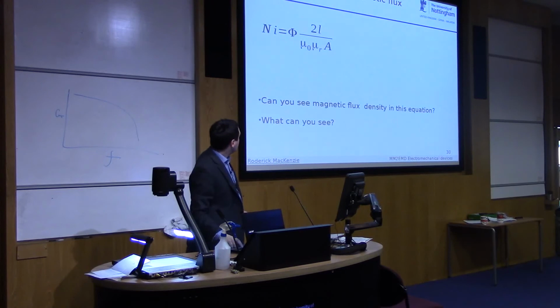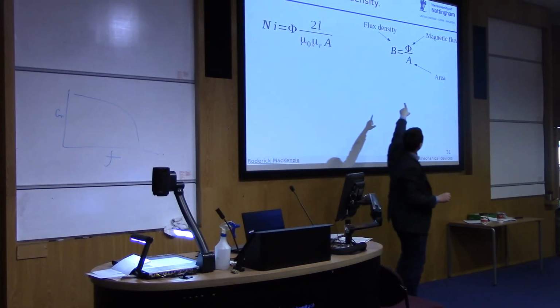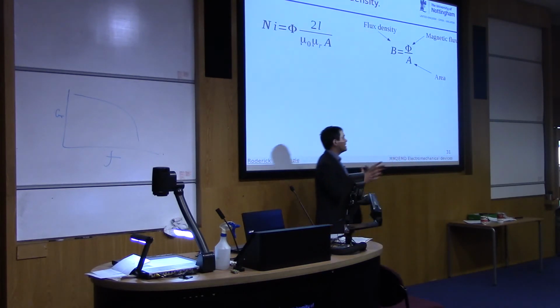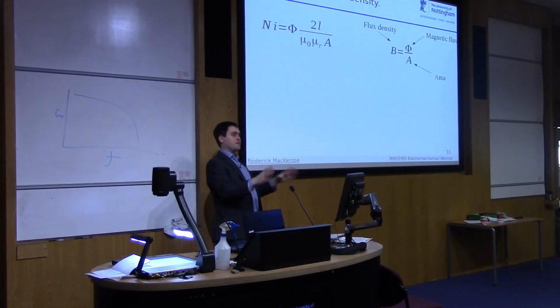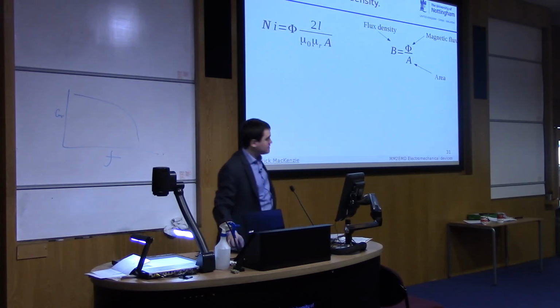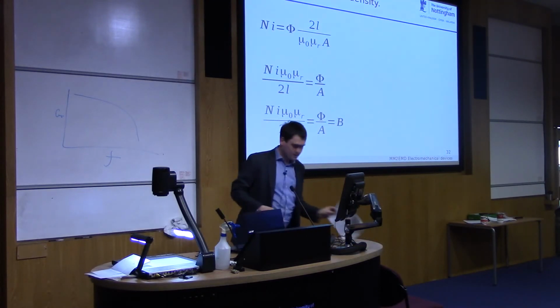But we know the magnetic flux density, B, is the magnetic flux phi over A, because flux density is clearly flux divided by area. So we can replace the phi and the A with a B, and we can solve Arthur's first question.